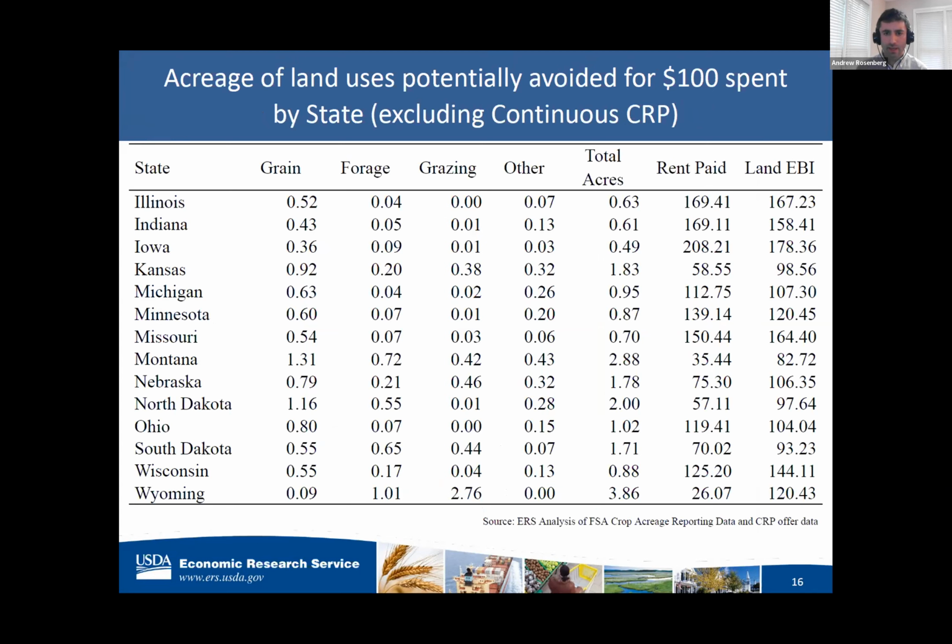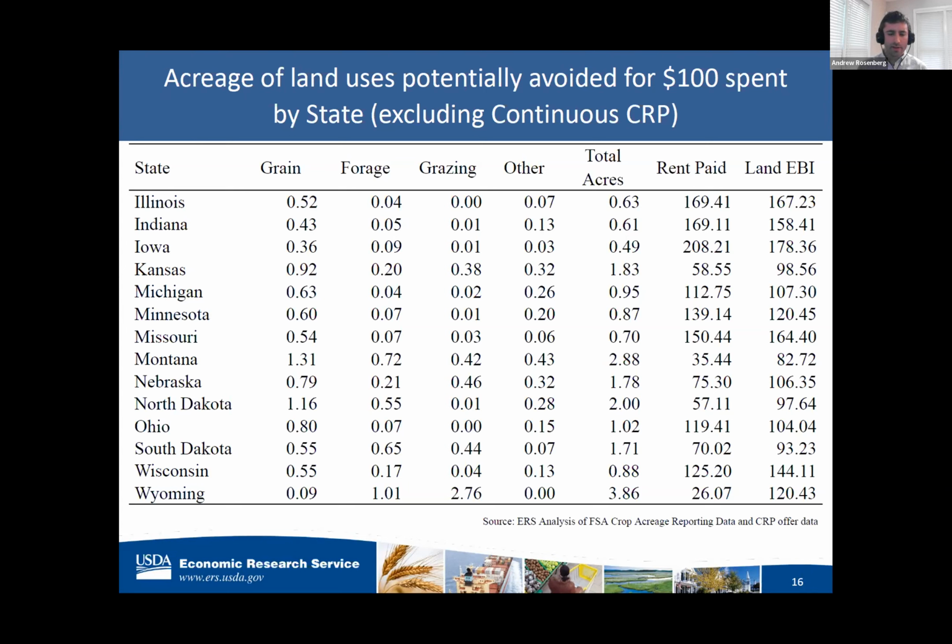So again, we look at variation across state. And what's kind of interesting is that when you look at cost effectiveness, the states with the most grain or forage per $100 spent are considerably different from what we found for proportion of grain and forage overall. So if you remember, we saw that states like Illinois and Iowa and Indiana had very high proportions of retired land that were in grain and forage.